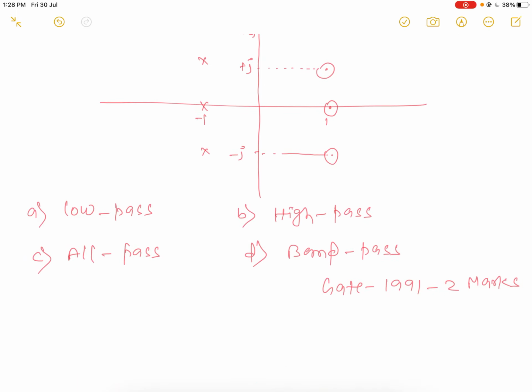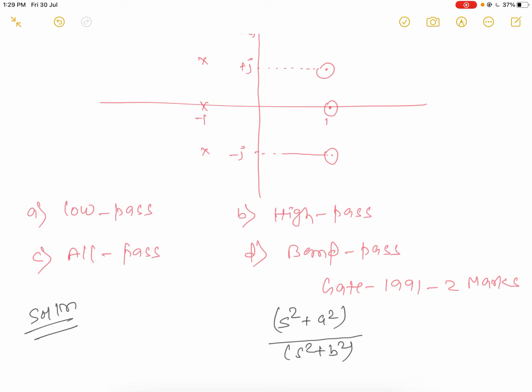We know that here is the pole zero, and the numerator part, let us consider s square plus a square, and maybe here s square plus b square. Okay, consider.